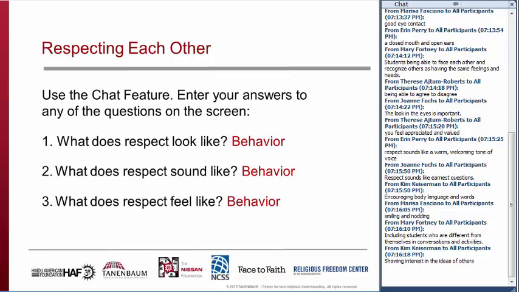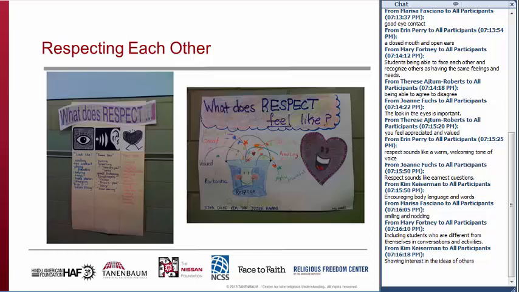Because fundamentally, as much as we might think that we all have the same idea about what respect is or what it looks like, sounds like, or feels like, the student experience is that they have their own idea, and what we want to do is to get them engaged in an activity that allows them to come to consensus about, at least in your classroom, what does respect look like, sound like, and feel like, and have them take ownership of the process.